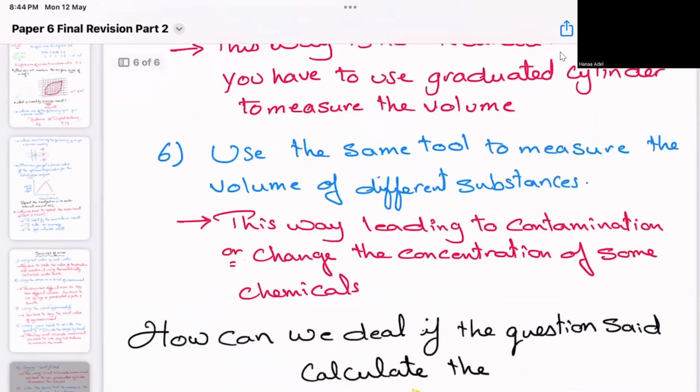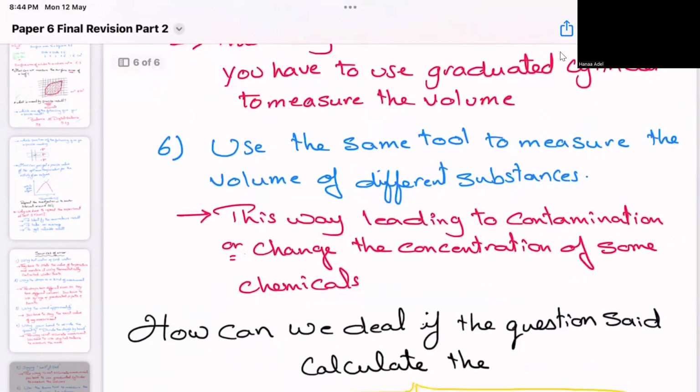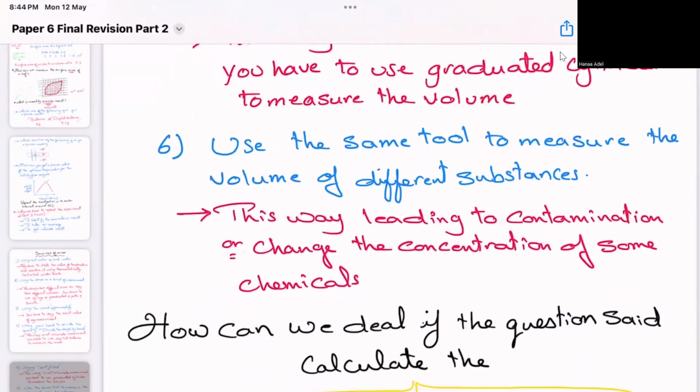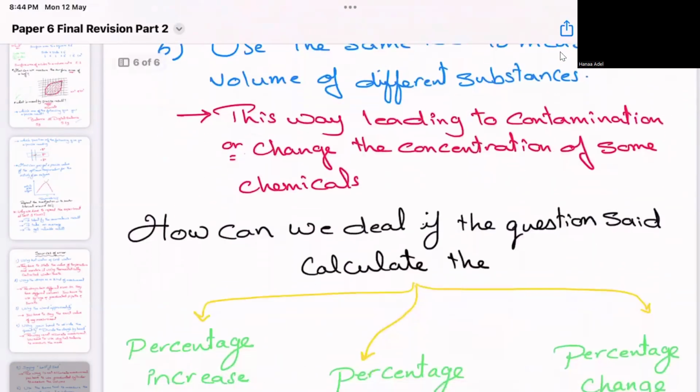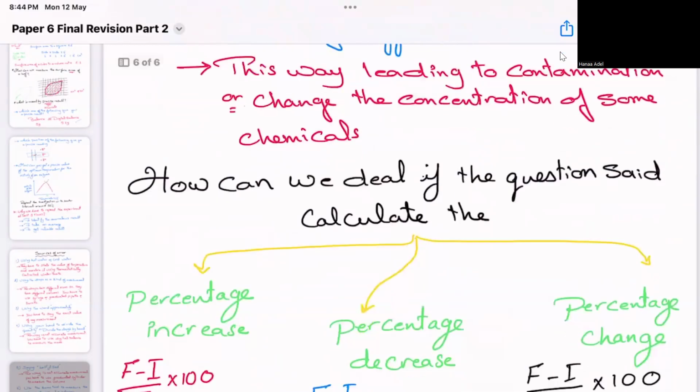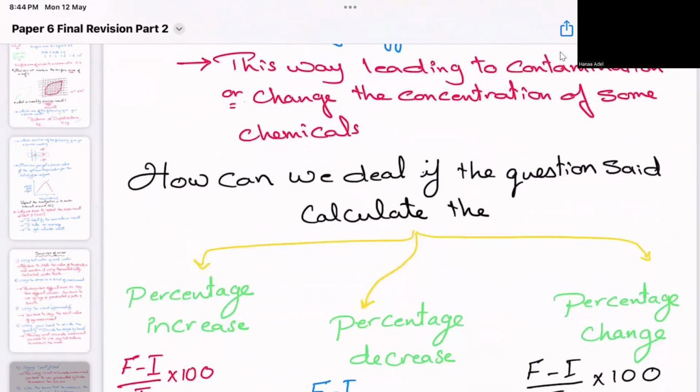We have a question we have to deal with. How can we deal with it if the question says calculate the percentage increase, calculate the percentage decrease, or calculate the percentage change?